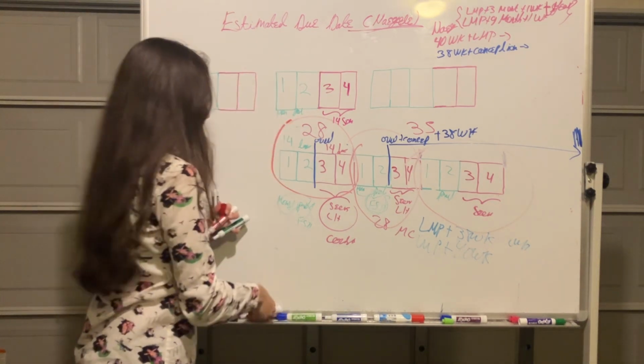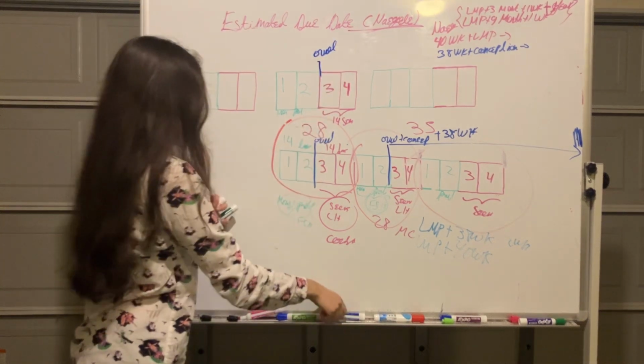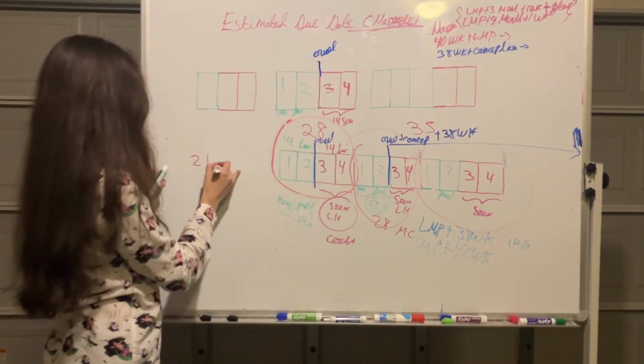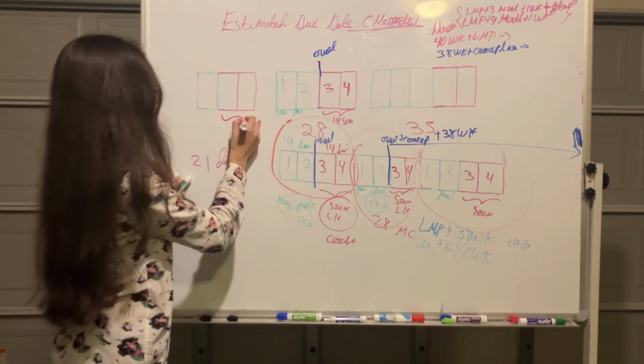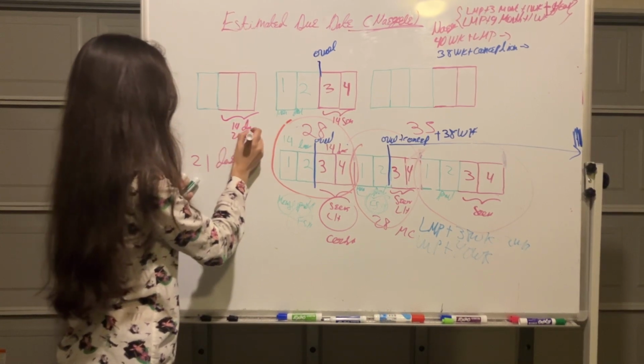So here ovulation started here. In this case we have a 21-day long menstrual cycle, which is divided into 14 days or 2 weeks of secretory phase.